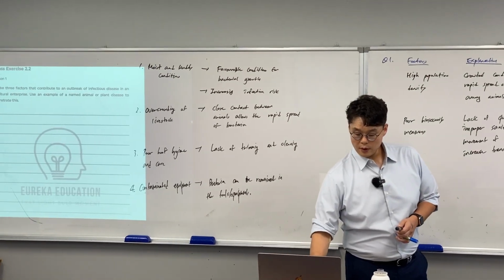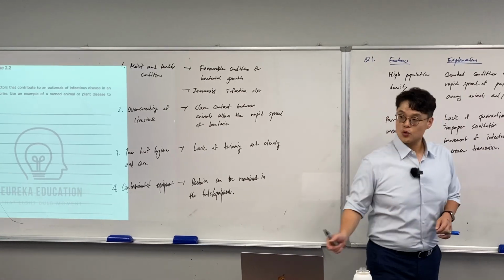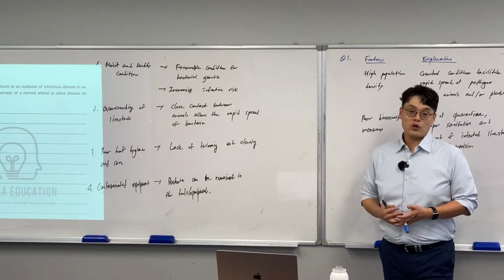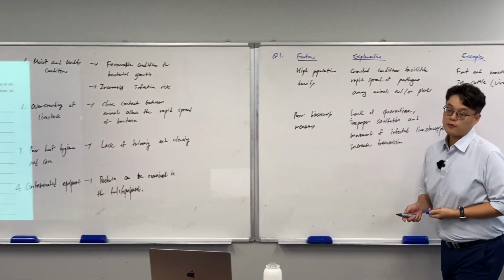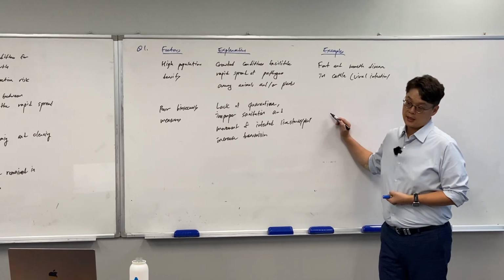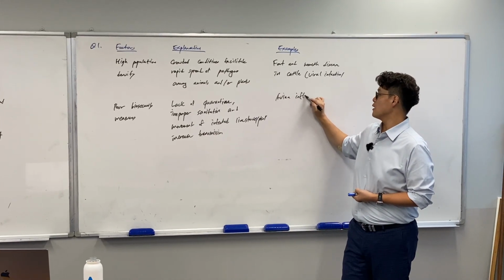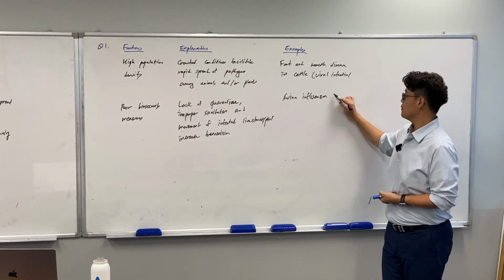So, have you guys heard that nowadays it's really hard to buy eggs in the grocery stores? Egg prices are skyrocketing, or you have a limit on how many eggs you can buy. That's actually due to bird flu, or influenza. So avian influenza in the poultry.